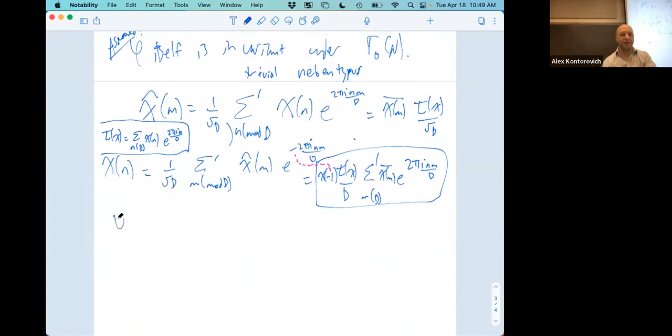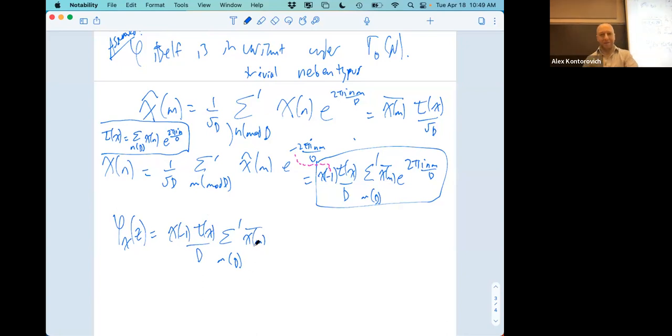So phi chi of z is a sum of chi of -1, tau of chi over d, a sum over m mod d coprime, chi of m. I mean, the coprime you can write or not write, it's up to you because chi is going to kill anything not coprime to d anyway.